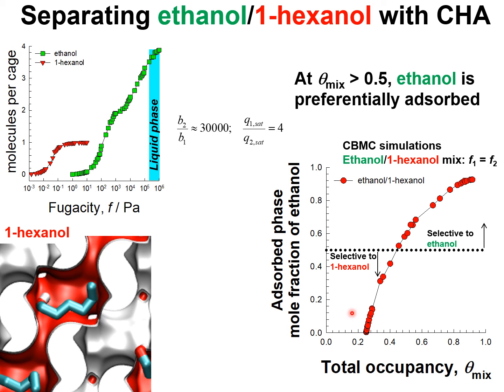However, entropic considerations favor the shorter ethanol molecule because there are more ways to arrange ethanol molecules on a checkerboard representing the adsorption sites within Chabasite zeolite.